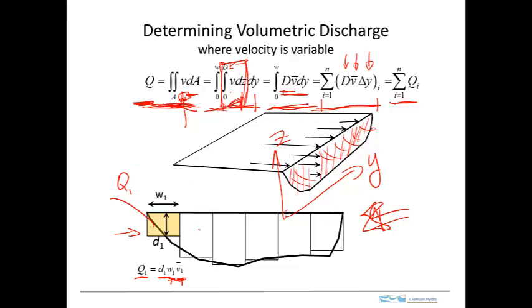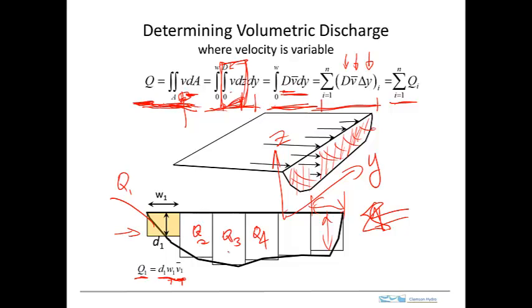And then if I repeat it here, I get Q2 and Q3, Q4, and so on. So I divide the stream cross section up into these blocks that are defined by a width and an average depth, and then I determine the average velocity within that block.